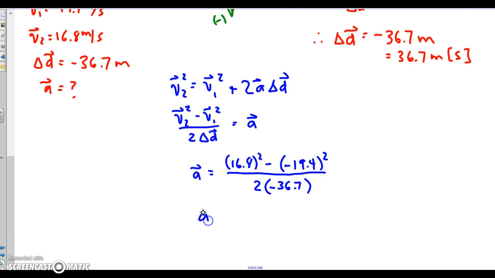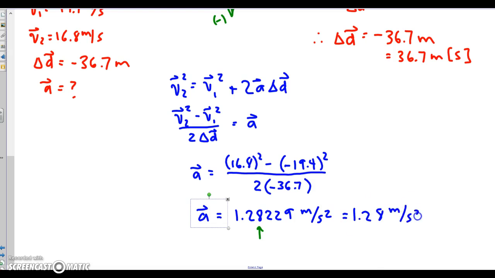When I evaluate this, keeping in mind that I'm dealing with 3 significant figures in this case, I'm going to get an acceleration of 1.28229 meters per second squared. I'm dealing with 3 significant figures, so I'm going to want to round that to 1.28 meters per second squared.